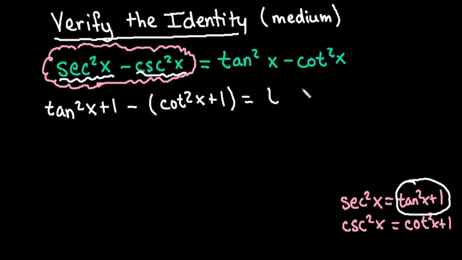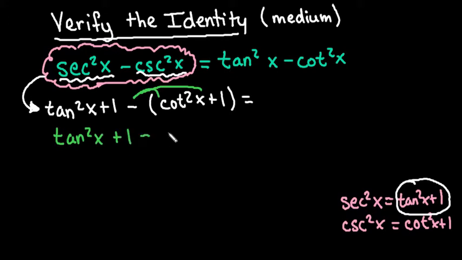If I simplify this, all I have to do is distribute my negative into the second one. So I'm left with tangent squared x plus 1 minus cotangent squared x minus 1.